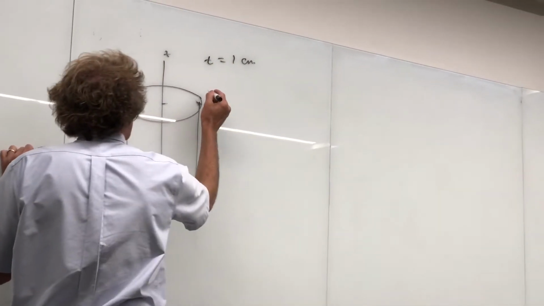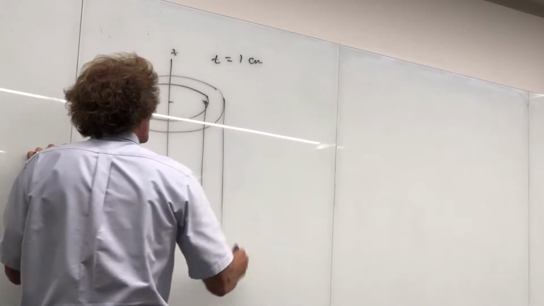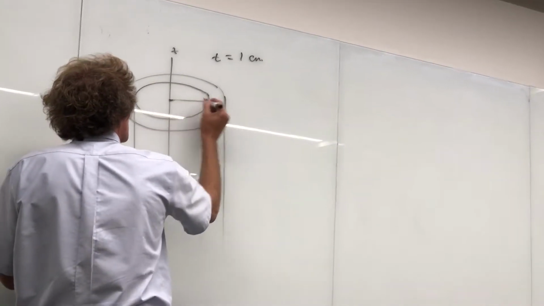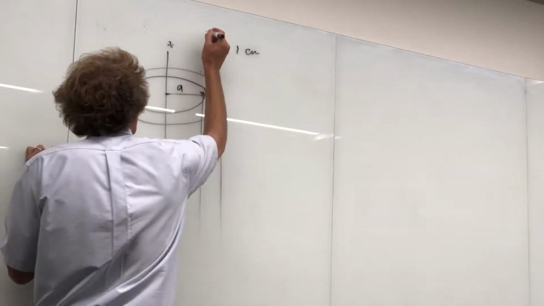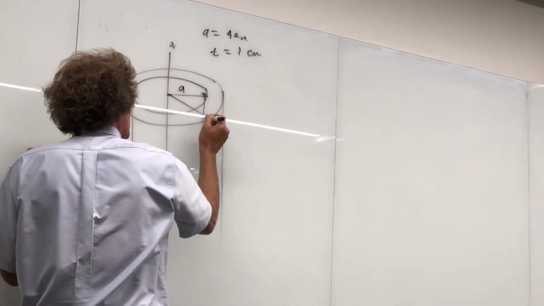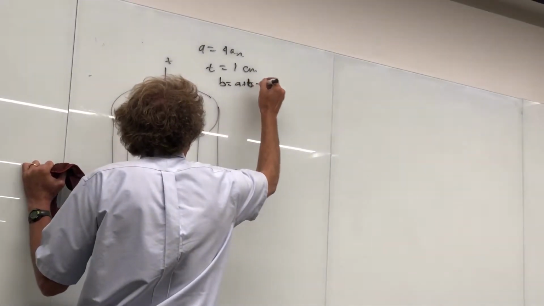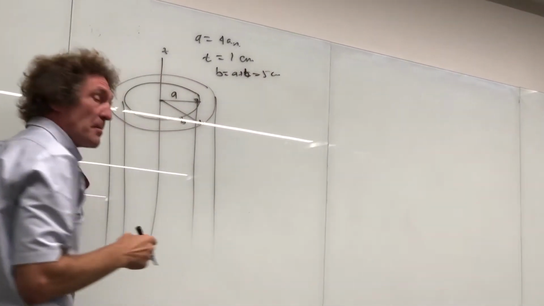It's centered on the z-axis, so it's a concentric pipe, right? What's the inner radius? 4 centimeters. So this is 4 centimeters. I'll call this A equals 4 centimeters, which means B, the outer radius here, would be equal to A plus T, or 5 centimeters, right?